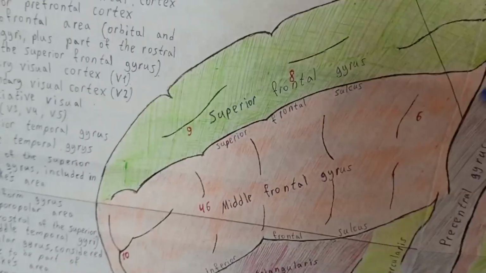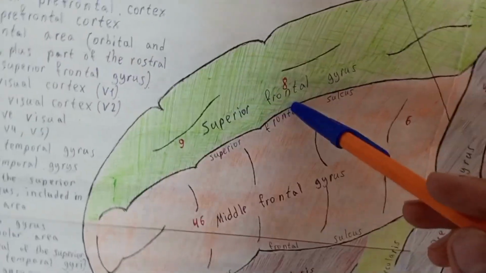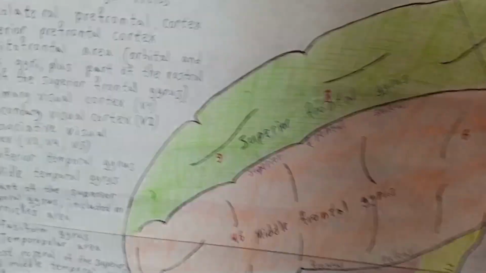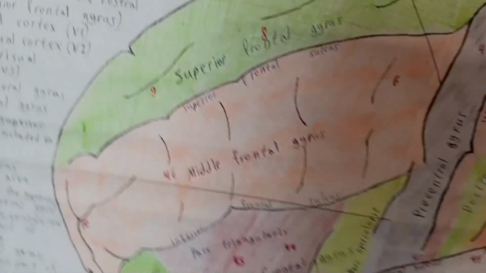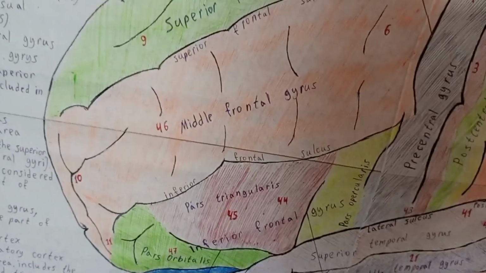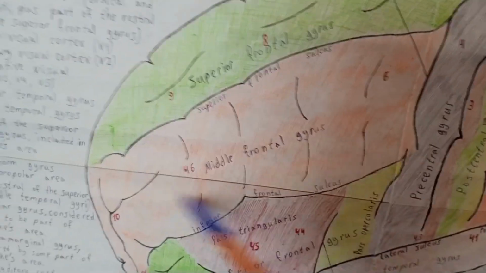And there is Brodmann region 8, which, if I'm not mistaken, is the eye fields, the region responsible for eye movement. But first of all, we have three gyri: superior frontal gyrus, middle frontal gyrus.